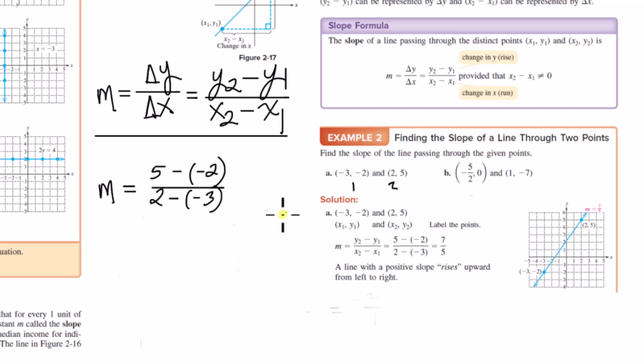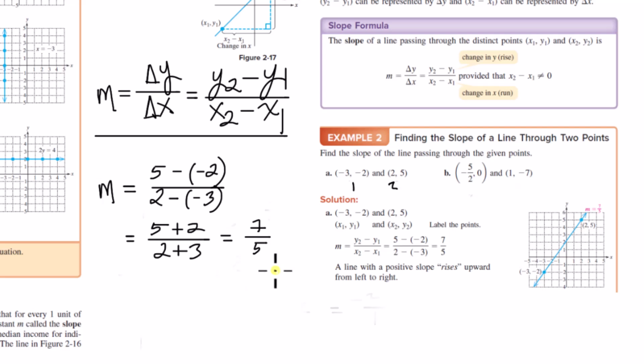Okay, so we've got 5 minus minus 2, so 5 plus 2 over 2 plus 3, that's 7 over 5. That's the slope of this line.